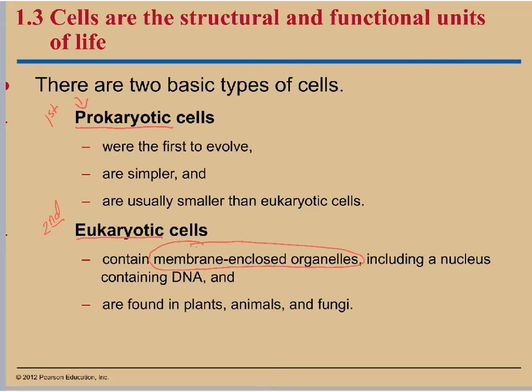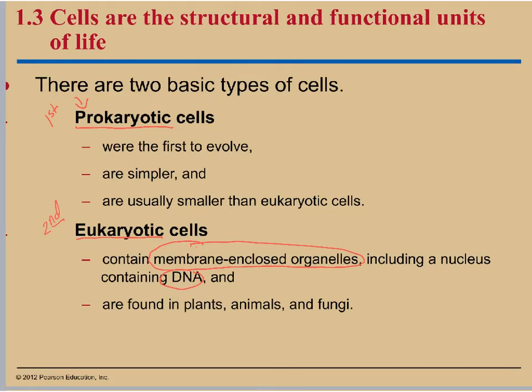And also there's a membrane-bound nucleus that has the DNA. Prokaryotic cells don't have these things. They just have all of their components scattered within the cell itself. But with eukaryotic cells, each individual structure is compartmentalized, or surrounded by a membrane.